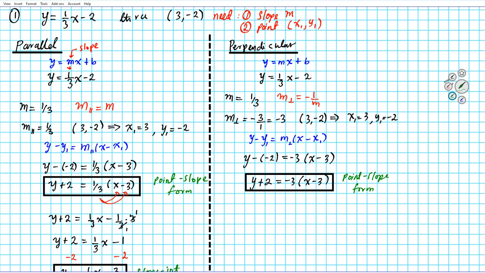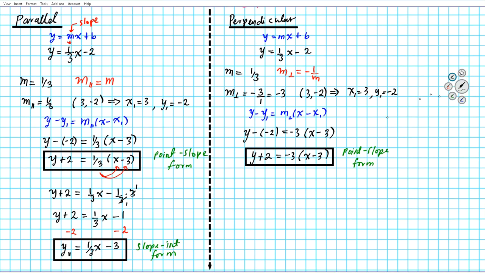And then let's also write it in slope intercept form. To achieve that, we just isolate y. Simplify and isolate y. So we're going to take -3 and distribute it across x and -3. When we do that, we're going to have y plus 2 is equal to -3x, minus 3 times -3 is +9, plus 9.